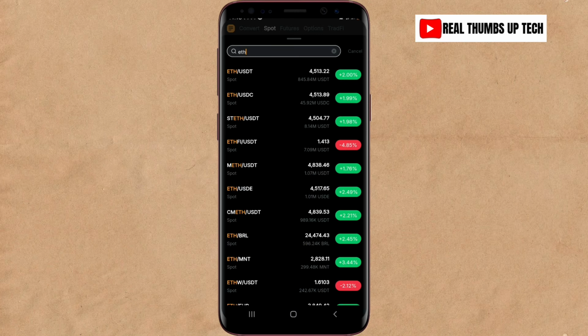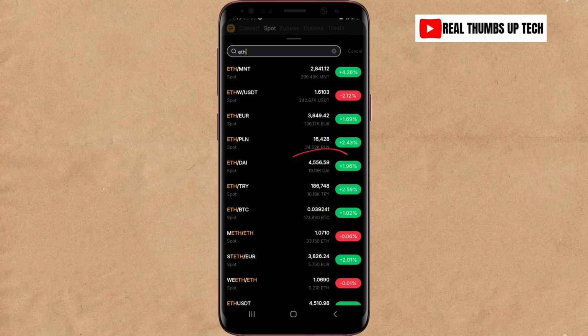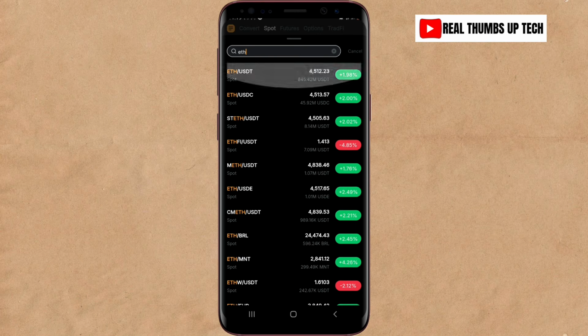Okay, once you type Ethereum, they will bring out all the coins paired with this Ethereum. So you notice that Ethereum USDT is lower in price compared to Ethereum DAI. So without even performing any demo trade, this is how you can easily know where to buy and where to sell. But even at that, you still need to perform demo trade to confirm.